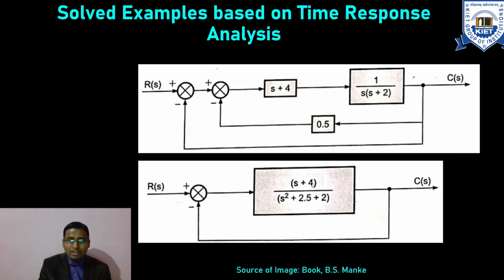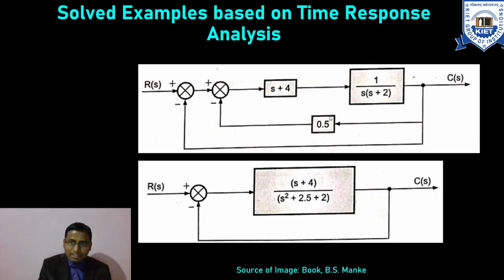After that we get this rectangular box, where the overall transfer function of the first cascade, s plus 4 with 1 upon (s plus 2) into s, has a negative feedback with feedback transfer function 0.5.